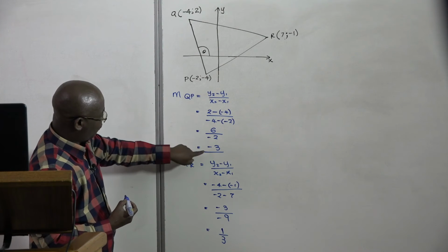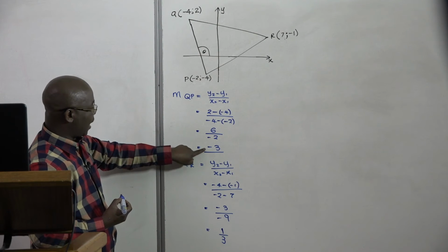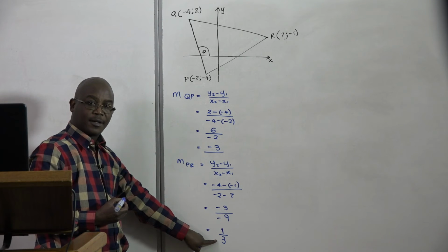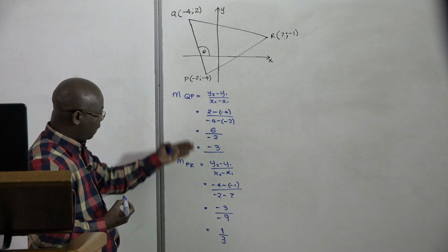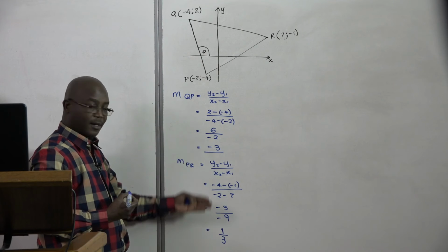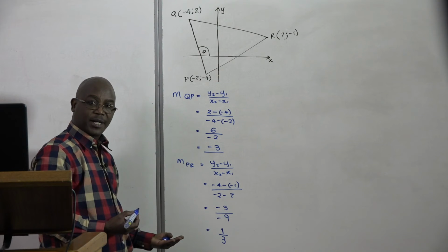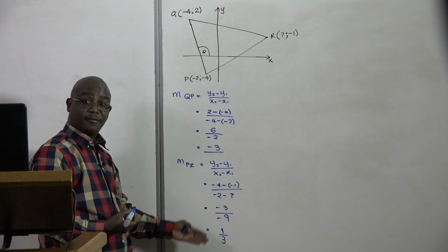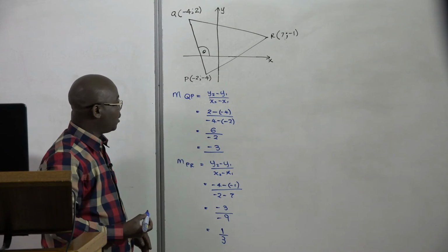So this is the gradient of one line, and this is the gradient of the other line. Let's see if the product of these two gradients gives us minus 1. Because if they do, then we can conclude that they are exactly perpendicular.